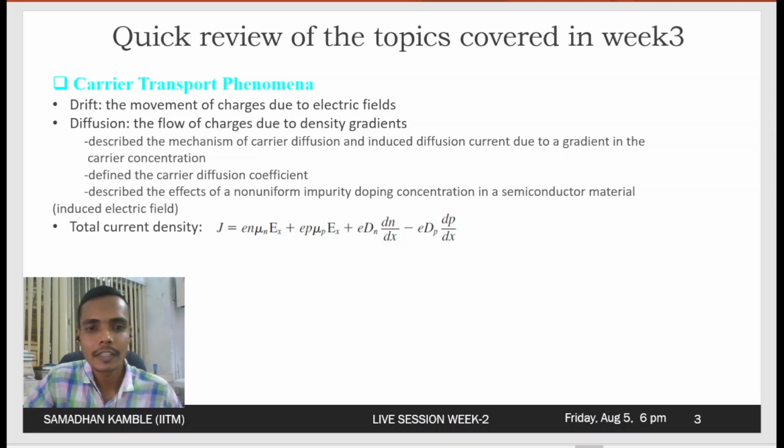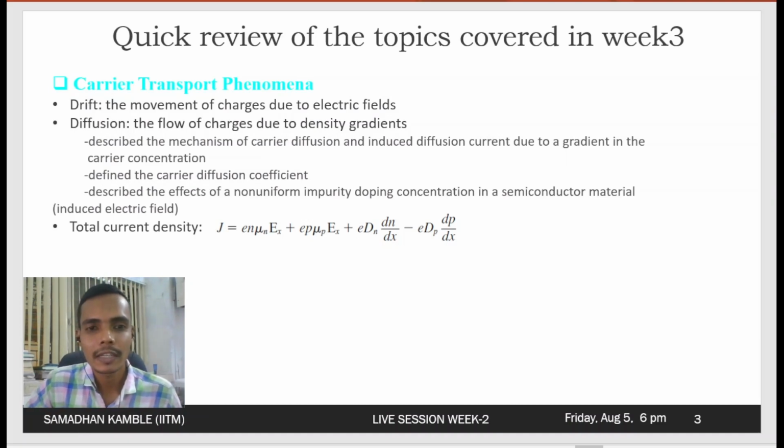So this week, we try to cover two important transport mechanisms in semiconductor crystals. First is the drift movement of charges, which is because of the electric field. So drift is the movement of charges due to an applied electric field. Then we moved on to the second mechanism, diffusion, that is the flow of charges due to density gradients, the carrier density gradient inside the semiconductor crystal.